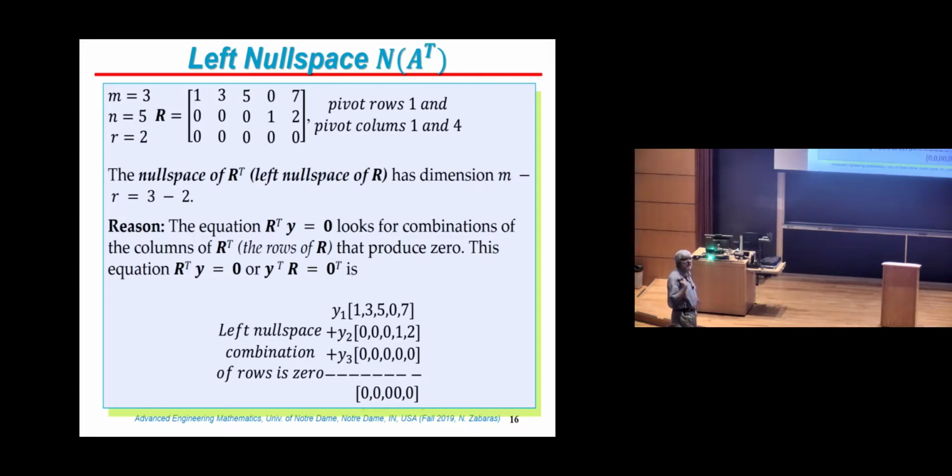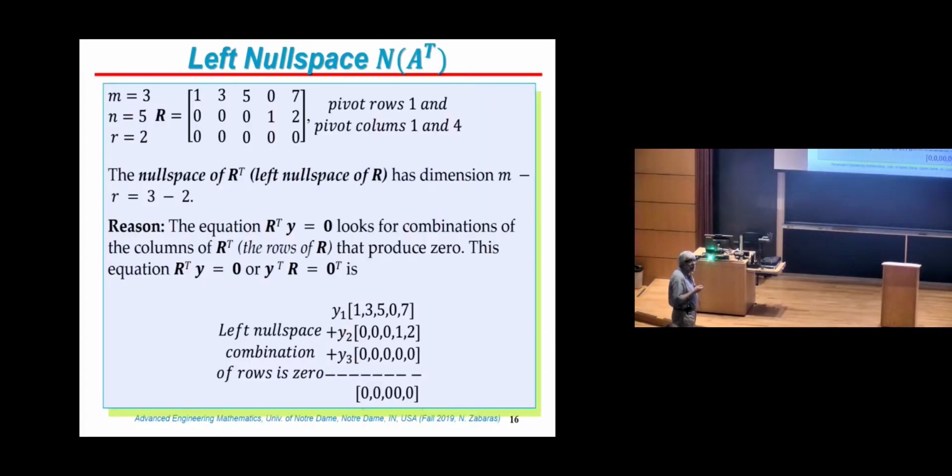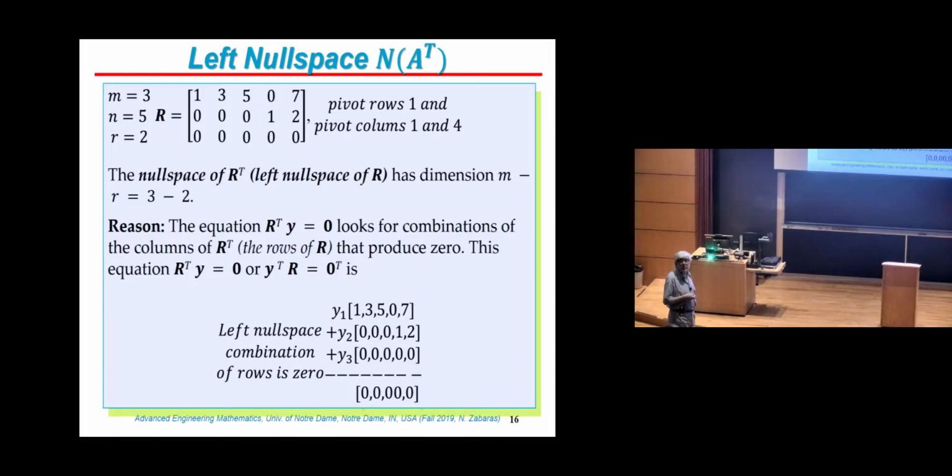And again, you know what? The identity matrix tells you what comes out as 0 and what is independent. And I already see an identity matrix there. Can you see it? Because of the pivot columns 1, 0, 0, 1. So when you sum all of these 3 to 0, what is y1 and y2 all the time?